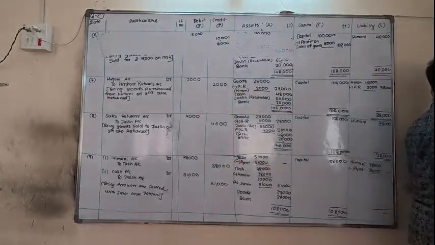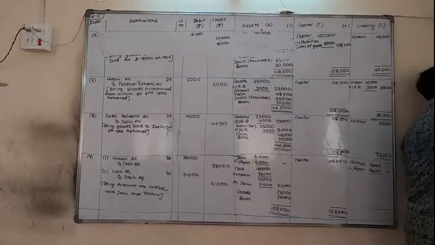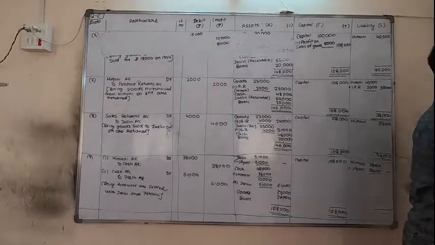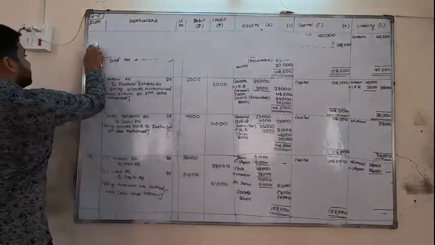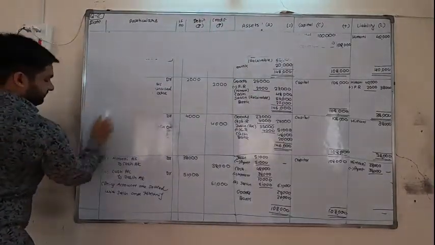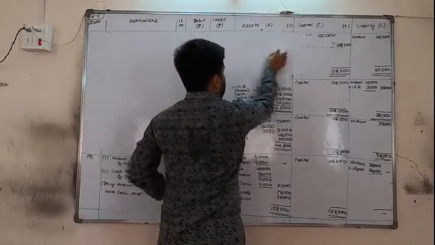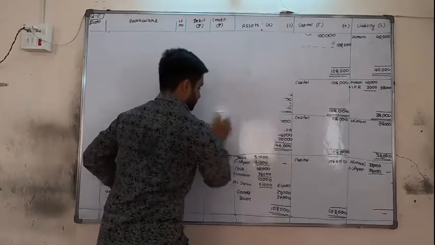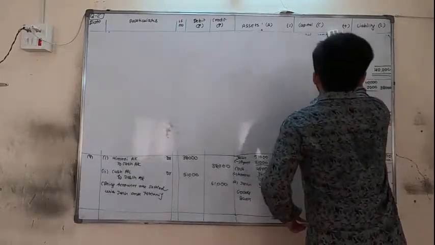So I will write it. 338. Now I will rub. So these sums are a little bit time consuming. Our time is consumed so much.